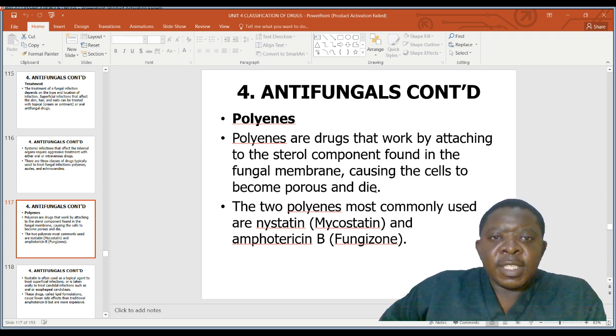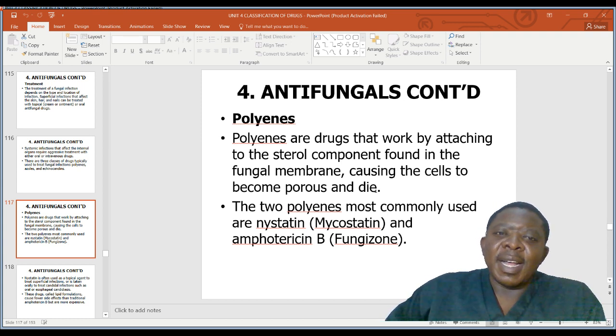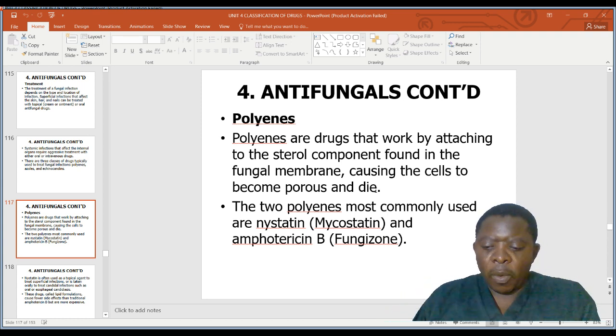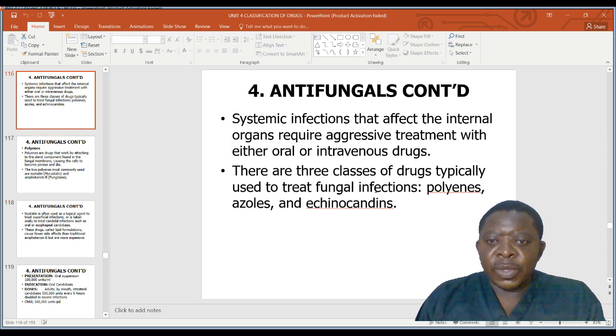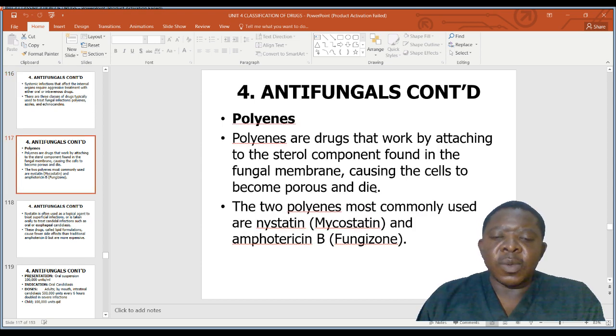So this Fungizone, amphotericin B, is part of the group of antifungal drugs known as polyenes. Remember, for antifungals we have polyenes, azoles, and echinocandins.